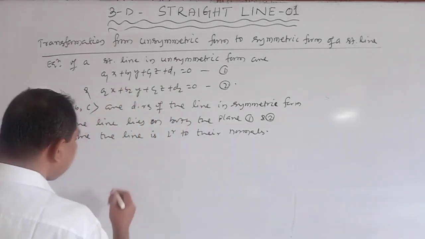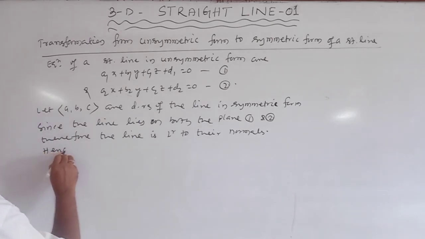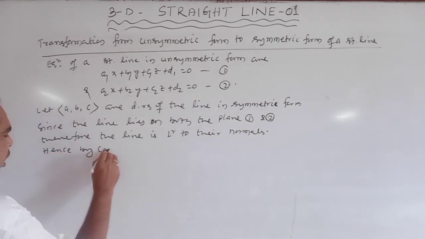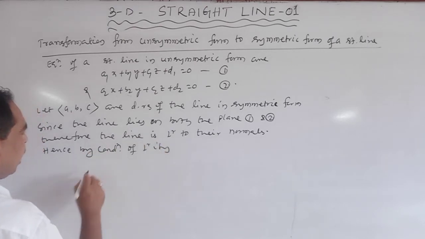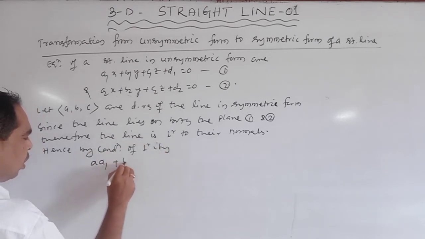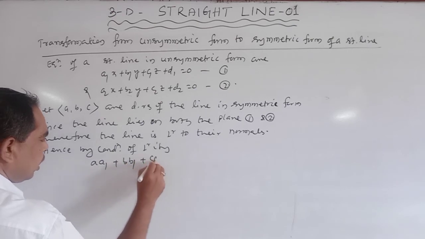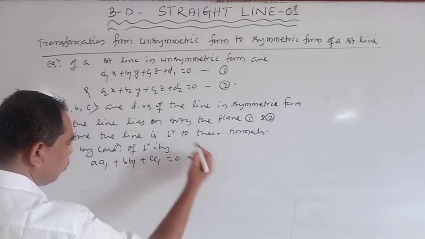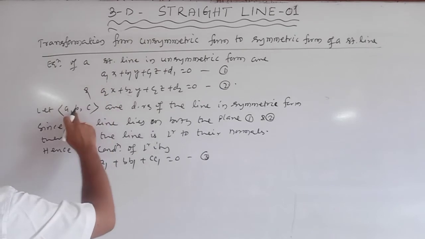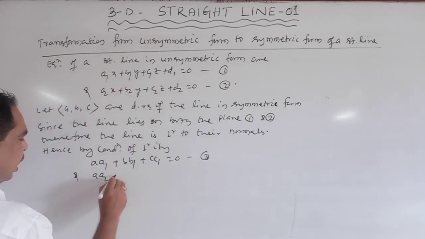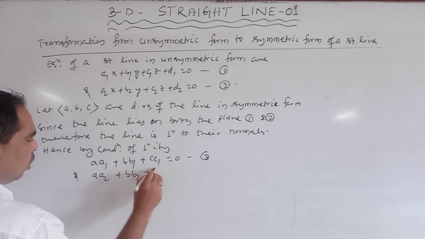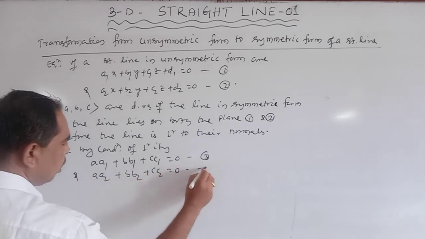Hence by the condition of perpendicularity, a into a1 plus b into b1 plus c into c1 is equal to 0, and a into a2 plus b into b2 plus c into c2 is equal to 0, equation 4.